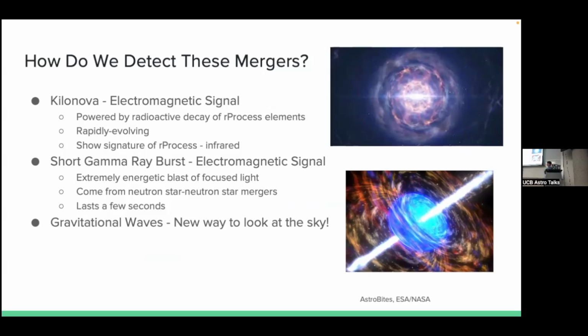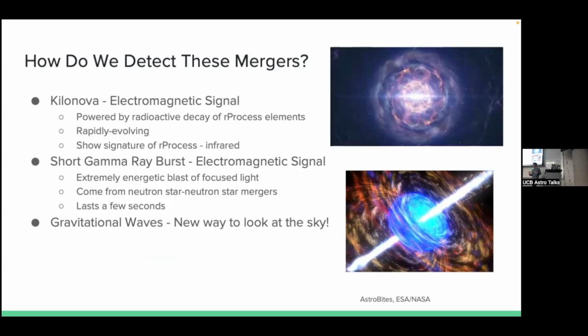And these things are very rapidly evolving. Whenever we talk about evolution, we normally talk about galaxies. Those things evolve on scales of billions of years, so it takes a long time for things to change in a galaxy. Stars, on the shorter end, take 10 million years in order to change anything.